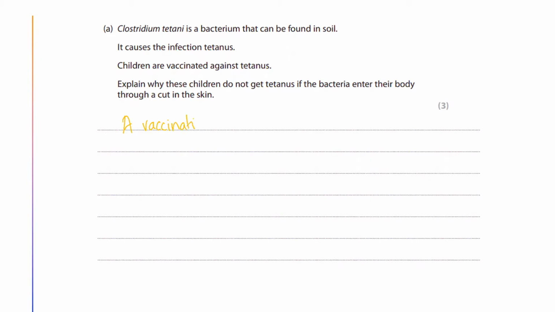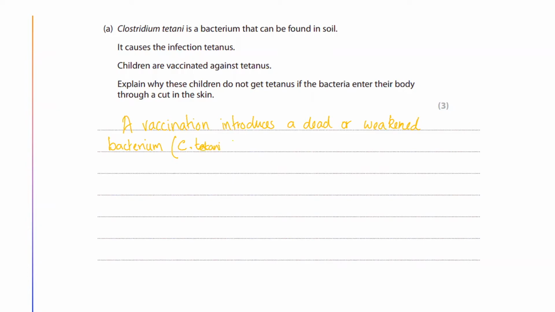So a vaccination introduces a dead or weakened bacterium. So the one that's C. tetani, yeah. Okay.